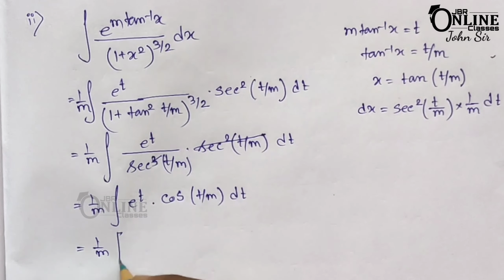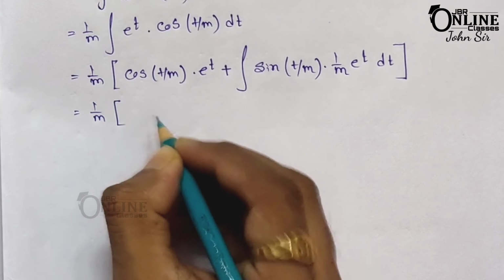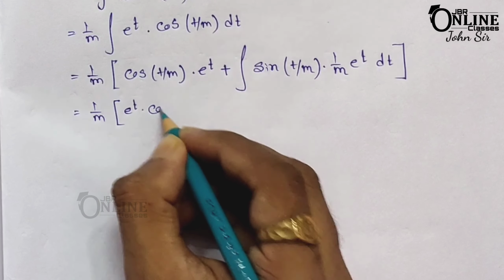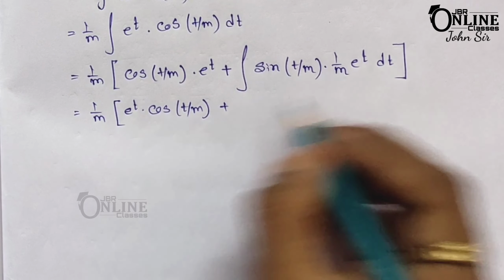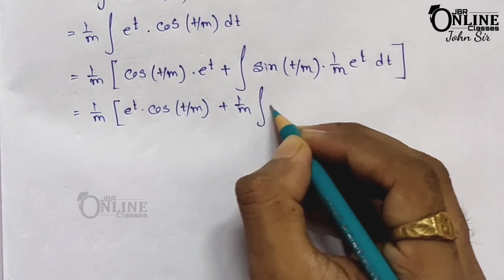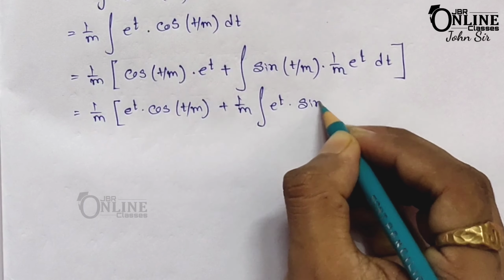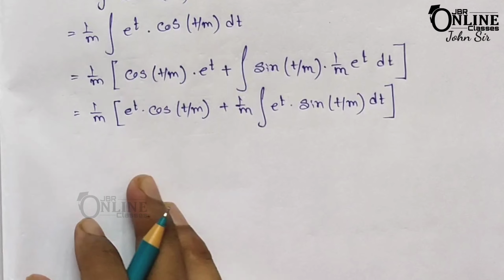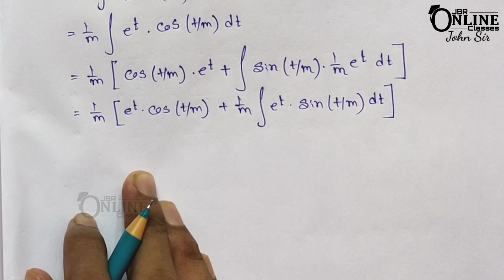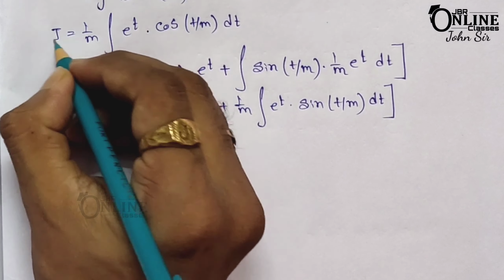Okay, then sin t by m, then 1 by m, and then again e to the power t dt. So now here 1 by m e to the power t cos t by m plus, and here 1 by m integration e to the power t sin t by m dt. Okay, sin t by m dt. So that equal to, let that equal to I.